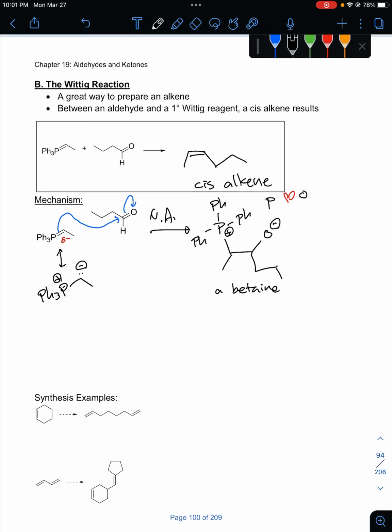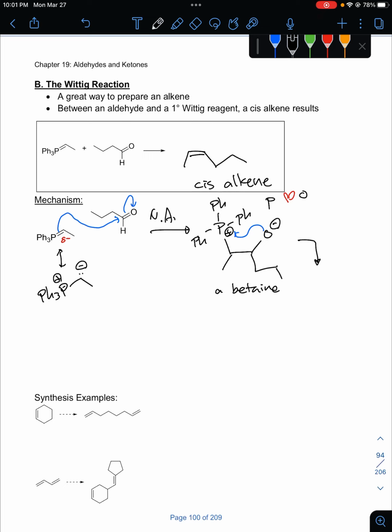This is one of those scenes in a movie, like I can't remember the last time I actually watched a chick flick, but you know what I'm talking about, an obvious setup that these two are going to get together, right? Because oxygen has a negative charge, phosphorus has a positive charge. If the two aren't meant to be at this point, who are, right?